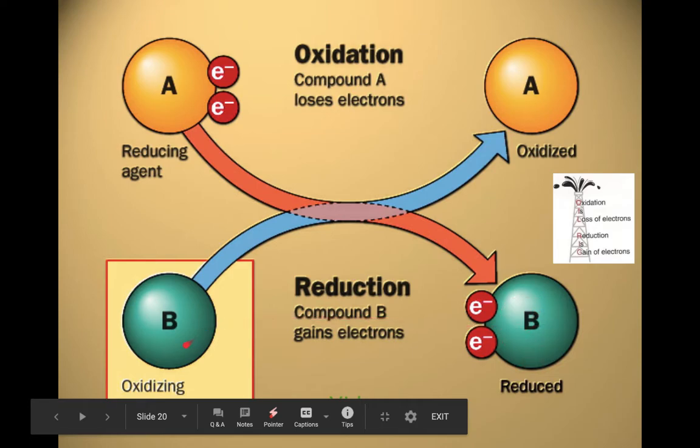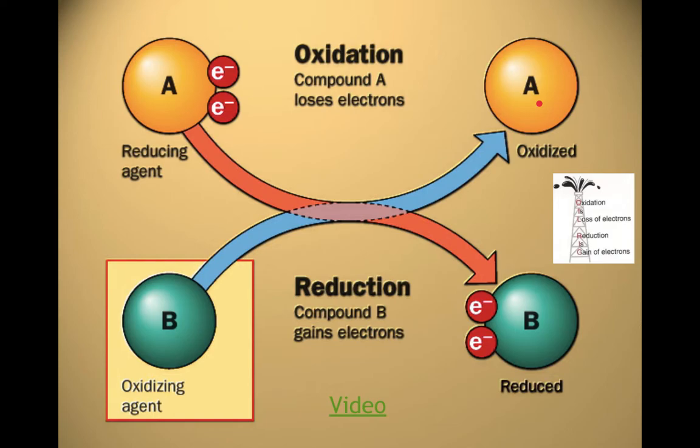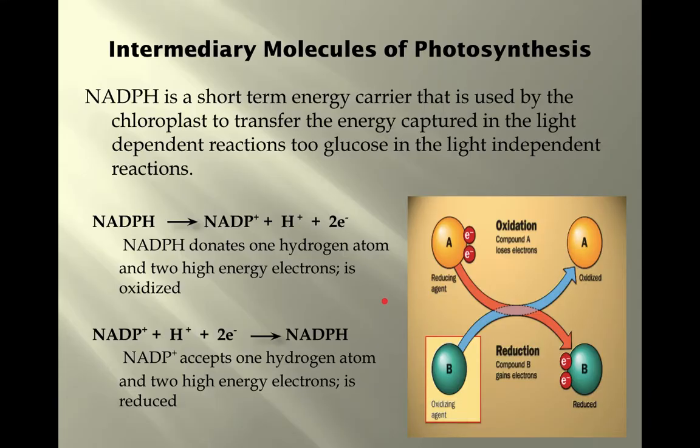We have the oxidizing agent, which will be reduced; it will get the electrons. The reducing agent becomes oxidized after it passes its electrons, and the oxidizing agent becomes reduced after it gains the electrons.